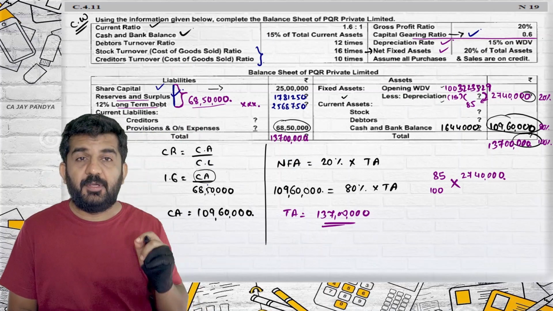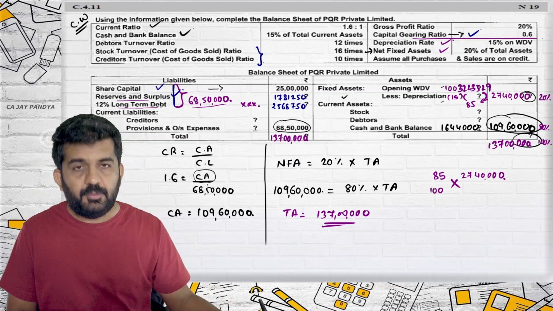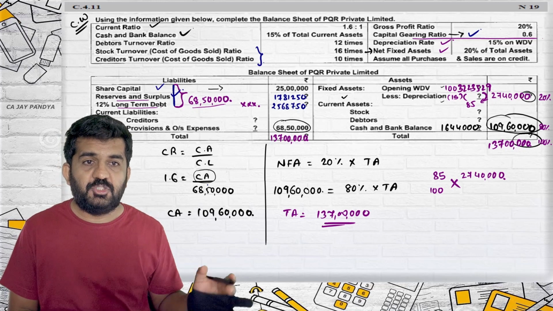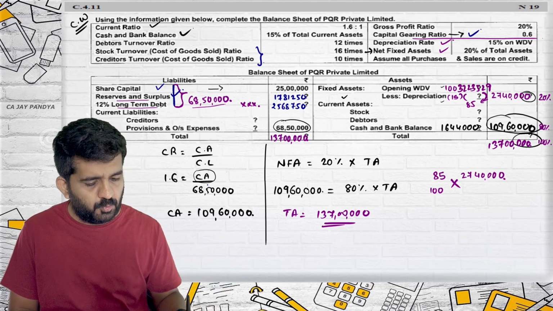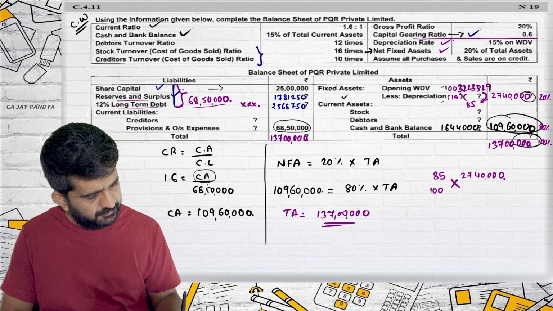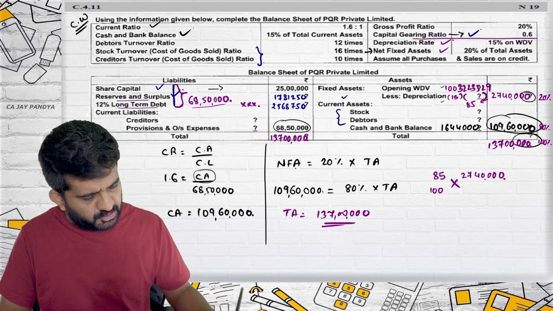This is somewhat typical question, because you are not directly getting one by one answers. You need to combine one or two ratios and then you will be getting the answers. Let me first take stock and debtors.